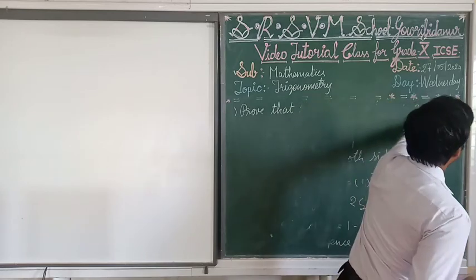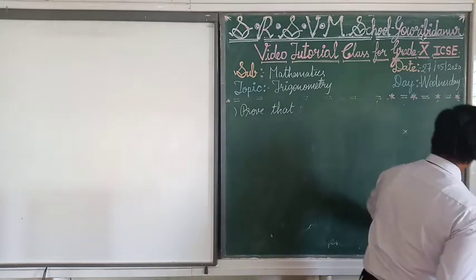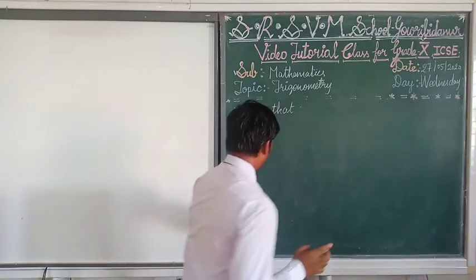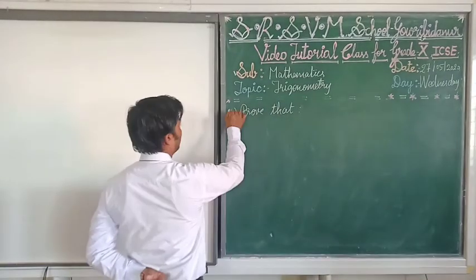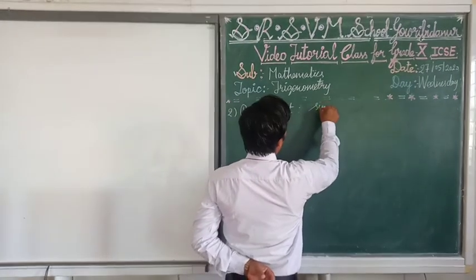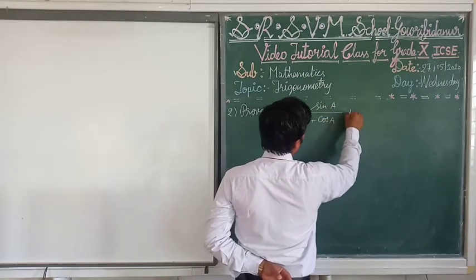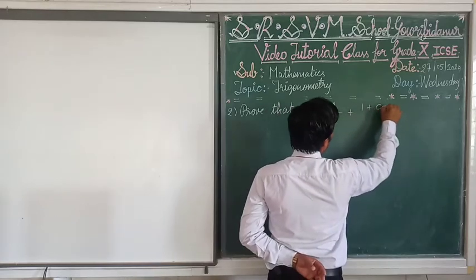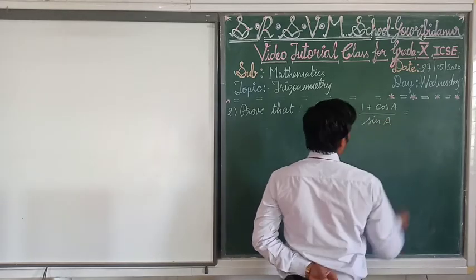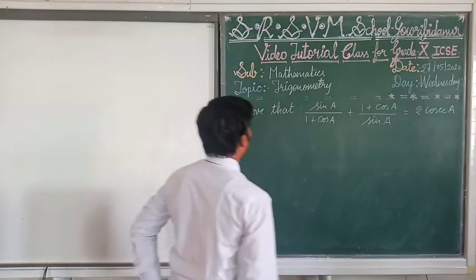The same like this only. Second sum. Prove that sin A divided by 1 plus cos A plus 1 plus cos A divided by sin A is equal to 2 cosecant A. How to prove this one?